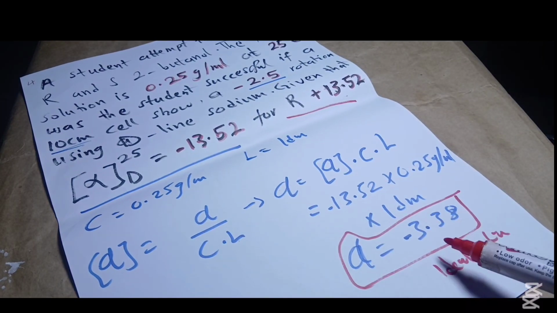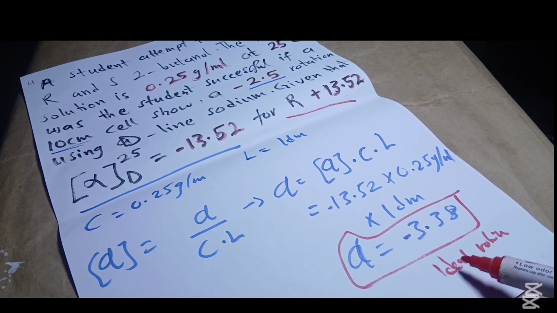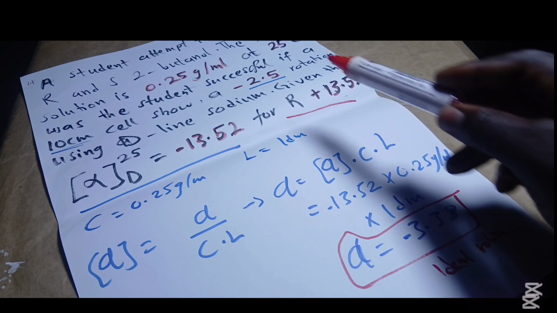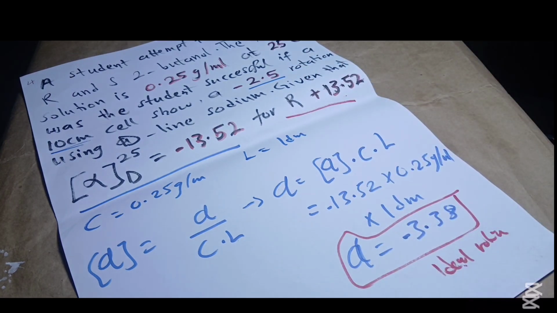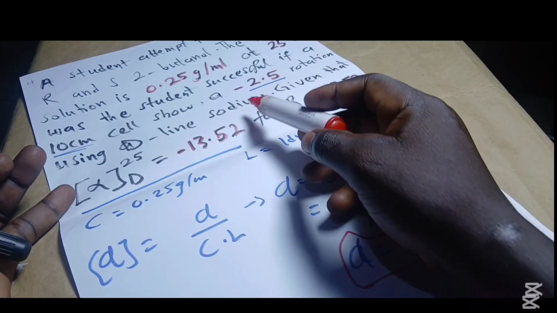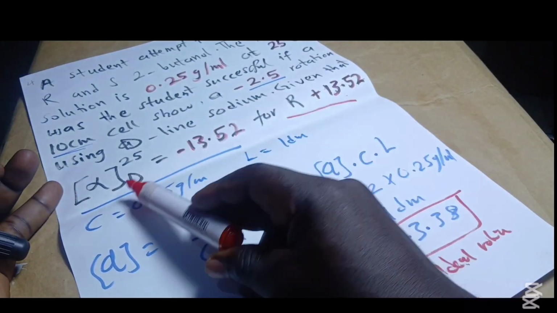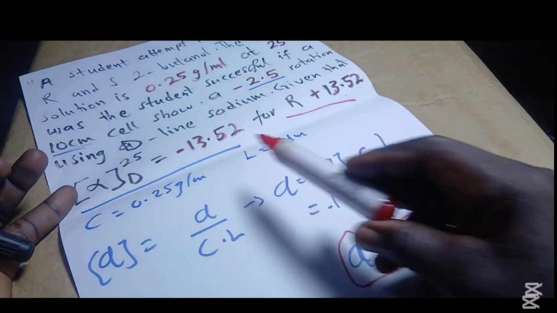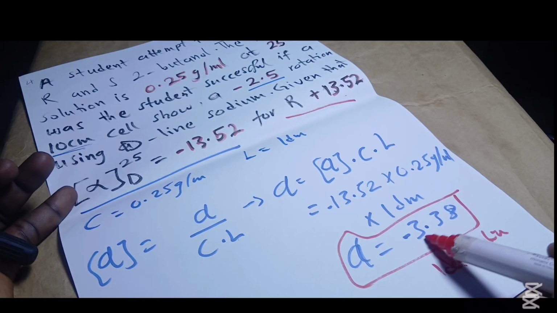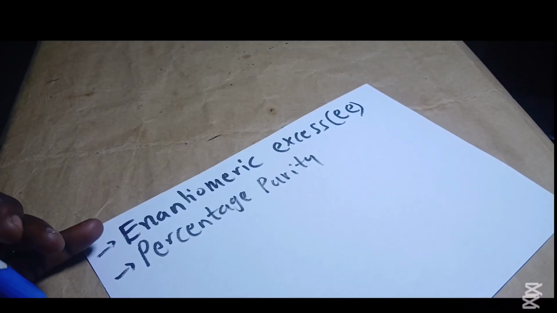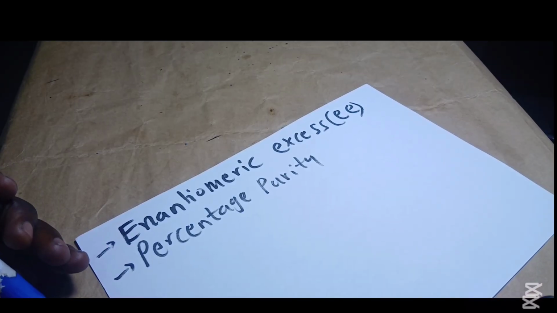And because the ideal observed rotation is different from the student's own, it means that some of the R enantiomers are still in the solution. They were not completely separated. So the student's observed rotation of minus 2.5 is off compared with this specific rotation, because this should be the observed rotation.